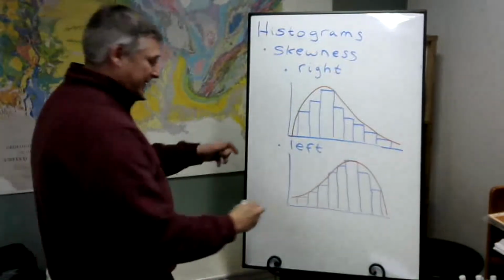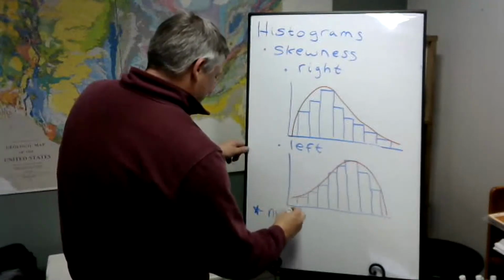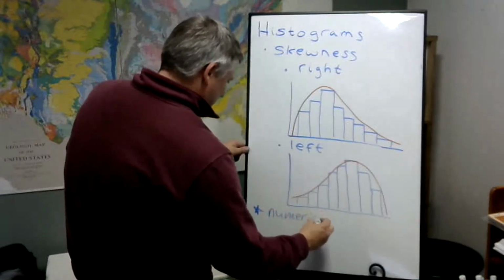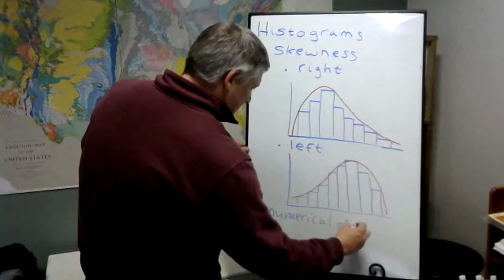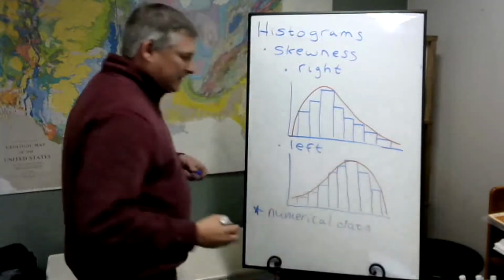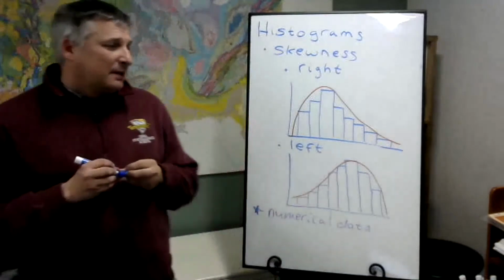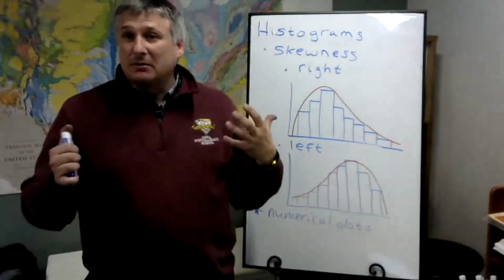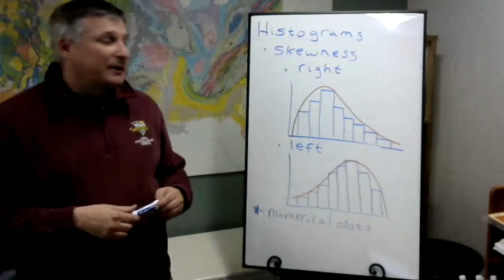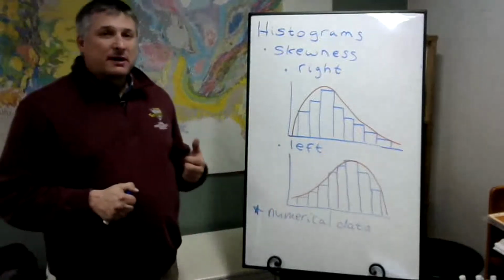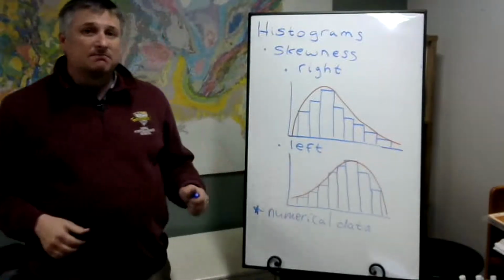This is for numerical data. Now, there's another kind of graph that looks like a histogram that uses categorical data. And we're going to get to that, and that's called a bar graph, but we'll talk about that later. But that's your histograms, your introduction. If you have any questions, let me know.